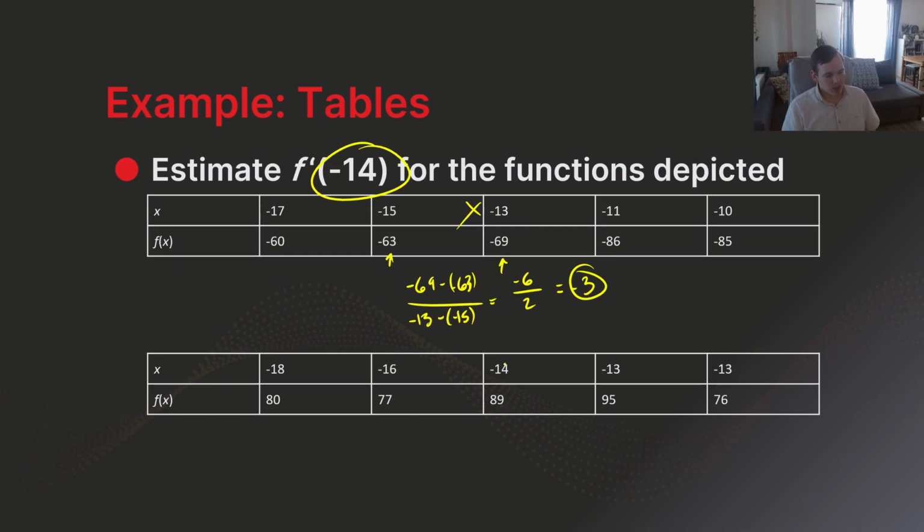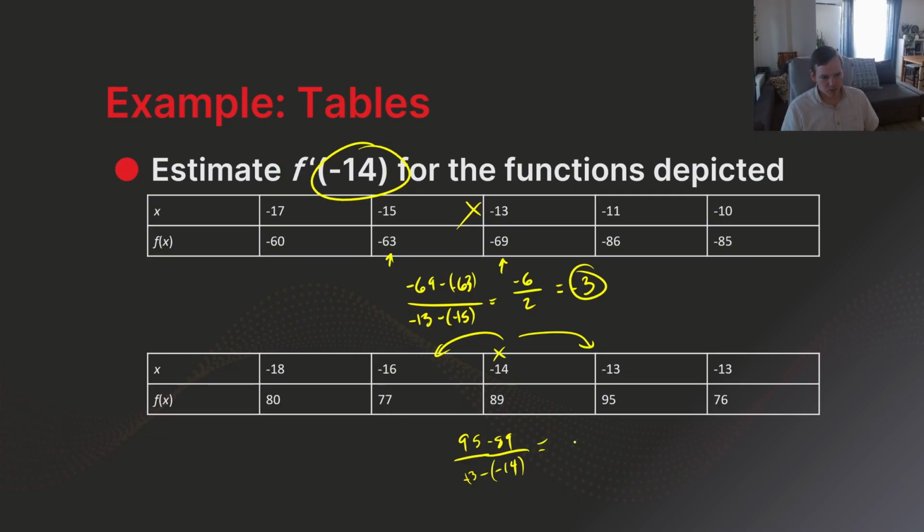Now, if I look down here, we notice that negative 14 is on my table. So what I want to do is look at which values I have and which of these are closest, so I have the smallest delta x. That's going to be the negative 13. So I'm just going to pick the output values, 95 minus 89 over negative 13 minus negative 14.